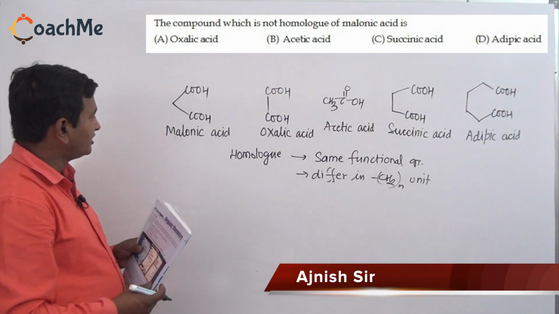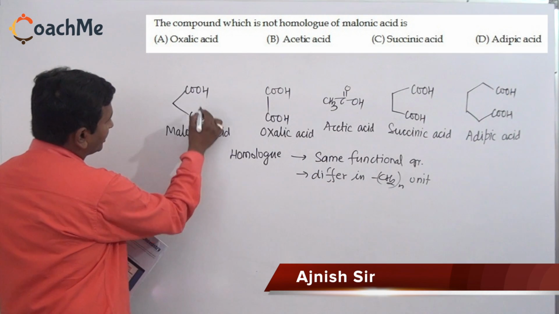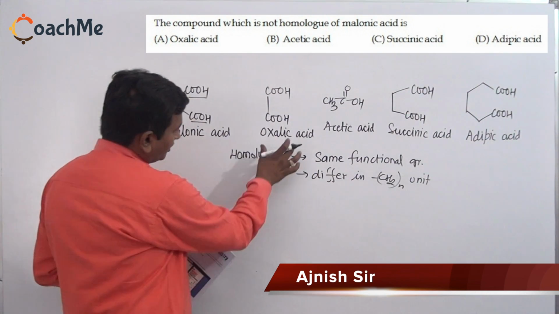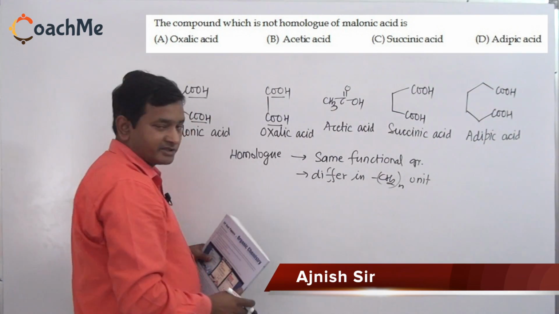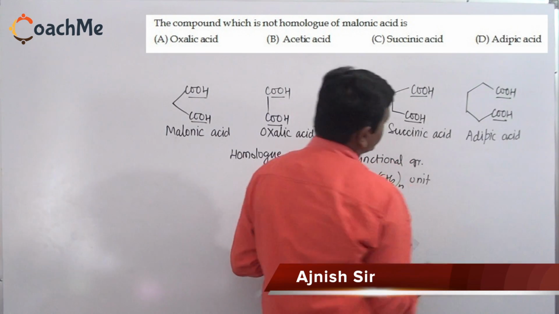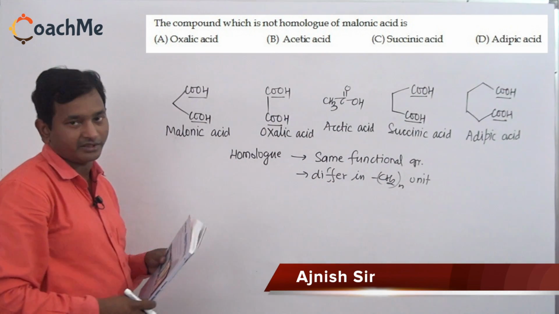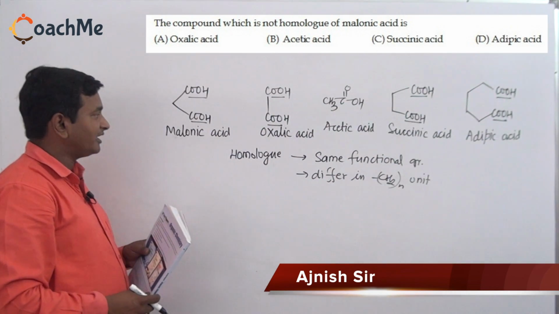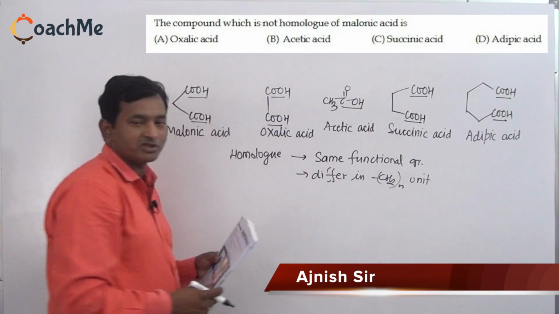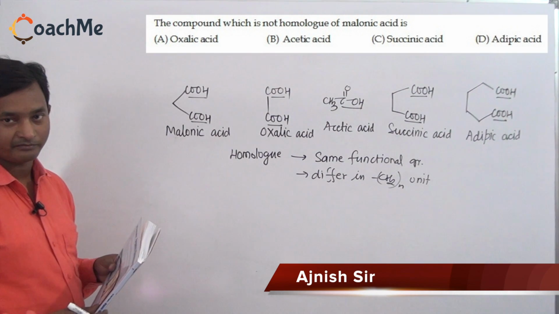So here in malonic acid, 2 carboxylic acid groups are present. In oxalic acid also 2 carboxylic acid groups are present. In succinic acid also, and in adipic acid also 2 carboxylic groups are present. But when you carefully analyze the structure of acetic acid, here only 1 carboxylic acid group is present.